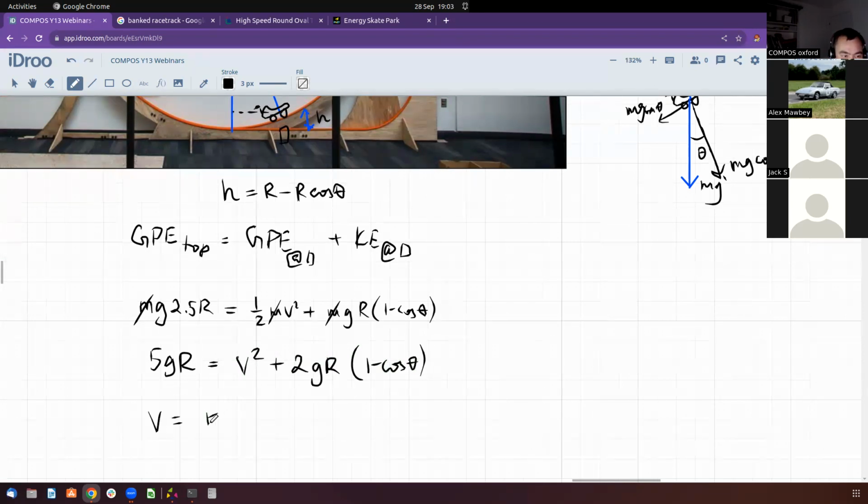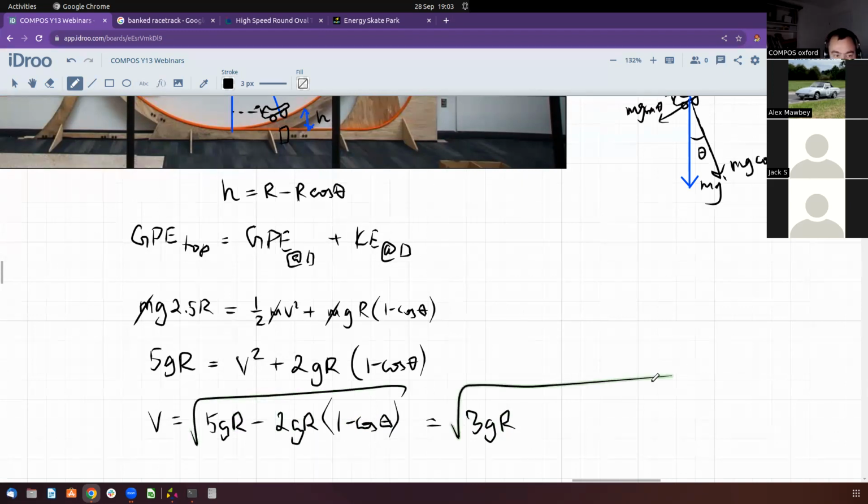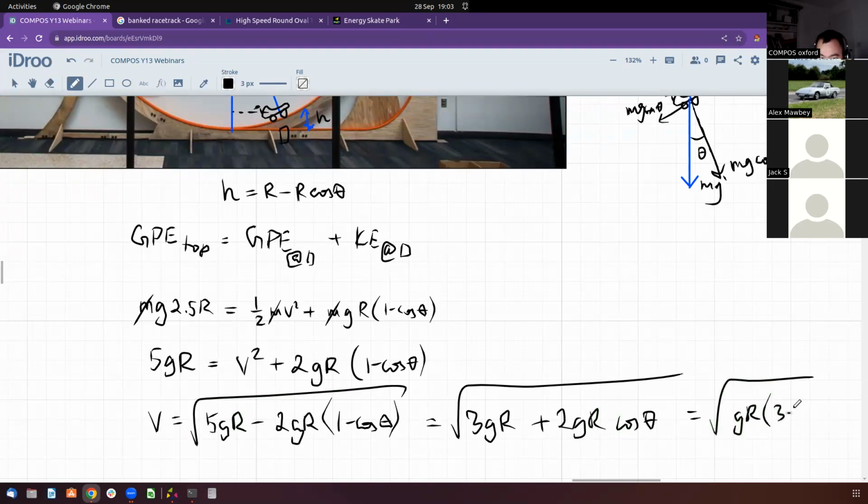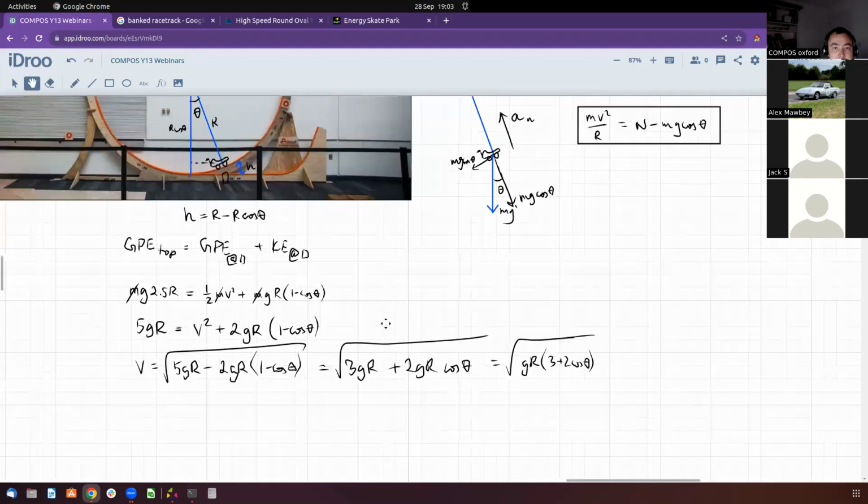So v squared is equal to 5 gr minus 2 gr (1 minus cos theta), which makes it 3 gr plus 2 gr cos theta, so v is the square root of gr (3 plus 2 cos theta). And that's the speed of the car.